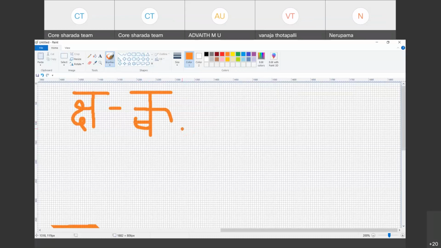So this one is a combination of k and sh. That's how we pronounce it also. Sh, k and sh. Both the sounds come together. Then we have tr, a combination of t and r.